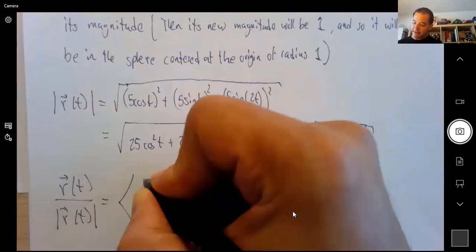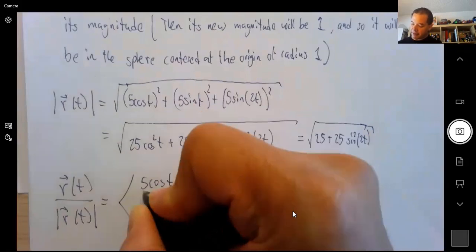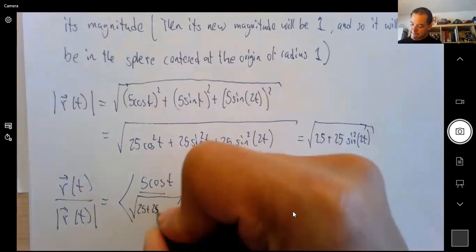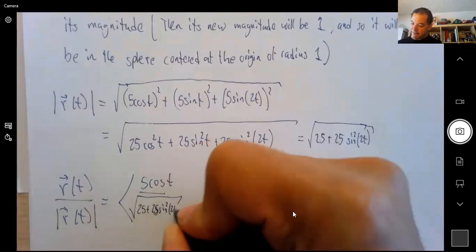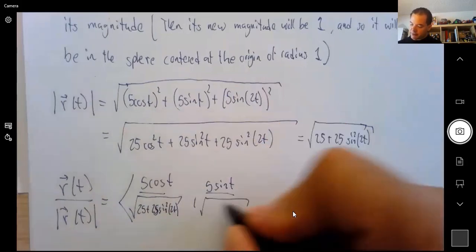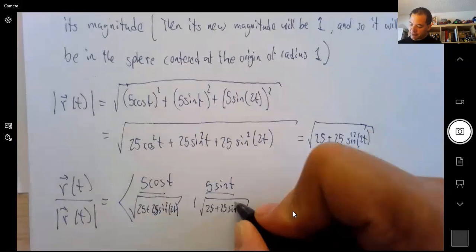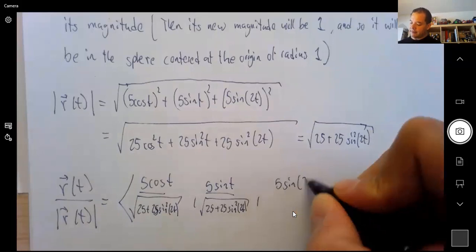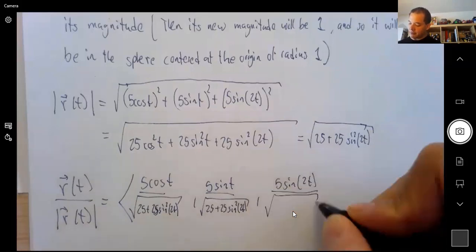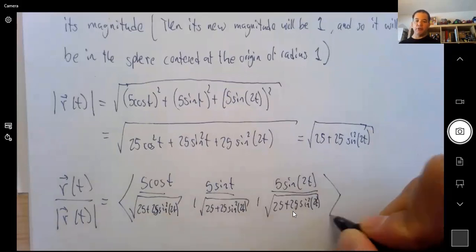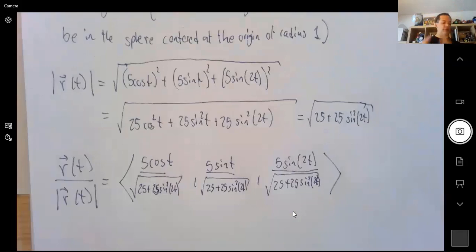So that would be 5 cosine t divided by this number, 5 sine t divided by that same ugly number, 25 plus 25 sine squared of 2t, and last, 5 sine 2t divided by that number again. And if we do this one, it's guaranteed to be on a sphere of radius 1. So I'll show it to you now.